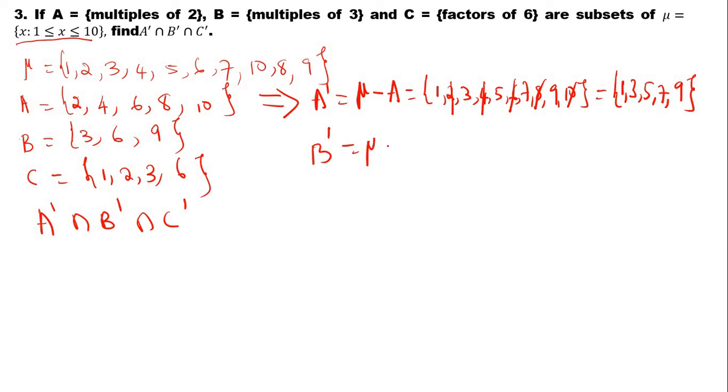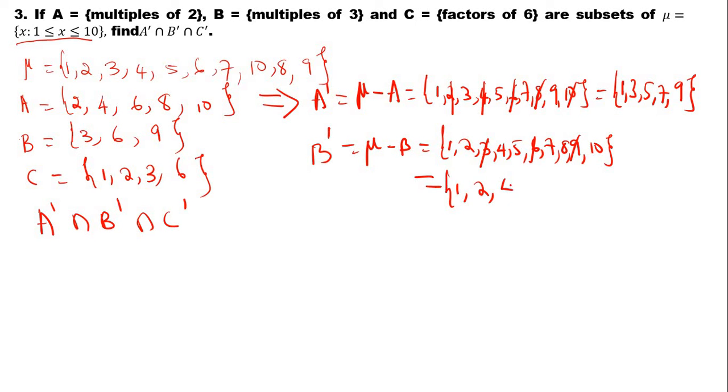Okay. And then we go for B prime, which is the universal set minus B, and that will have 1, 2, 3, 4, 5, 6, 7, 8, 9, 10. If we take off B from it, we have 3, 6, 9. So what remains will be 1, 2, 4, 5, 7, 8, 10.